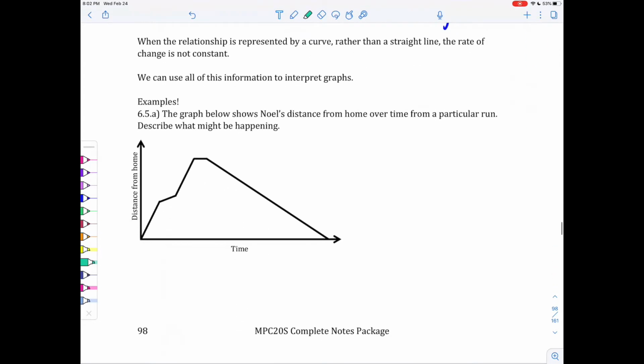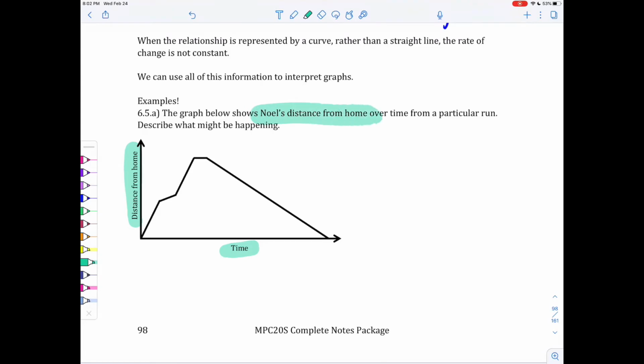We're going to take a look at an example of a graph. In this particular graph, we can see that the relationship is between time and the distance from home. In this case, it's Noelle's distance from home. And what we can do is we can analyze the different segments of the graph.